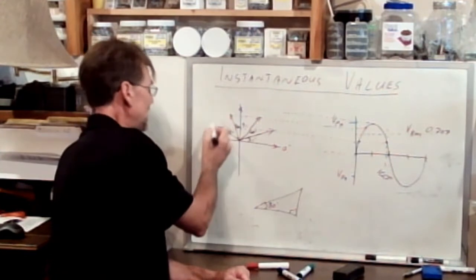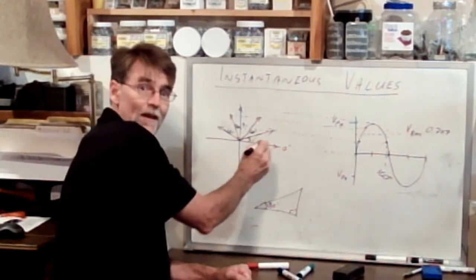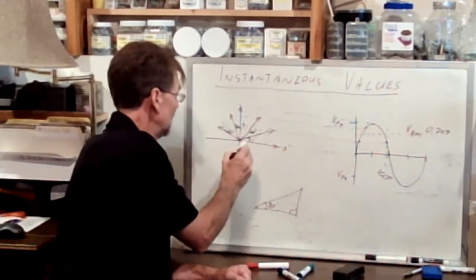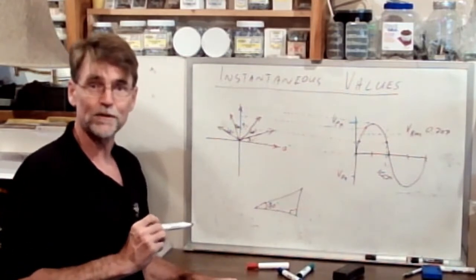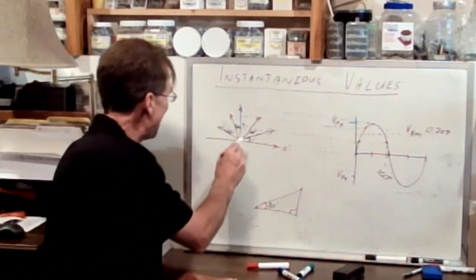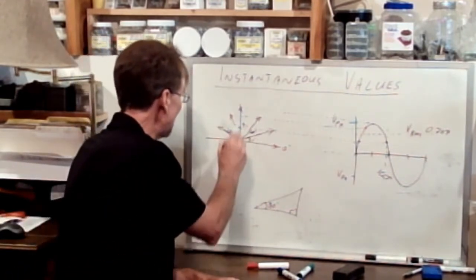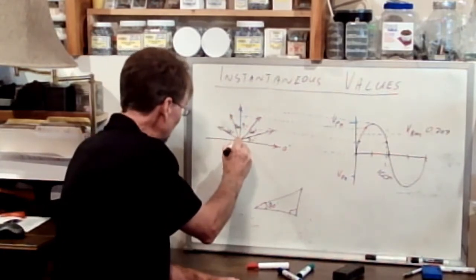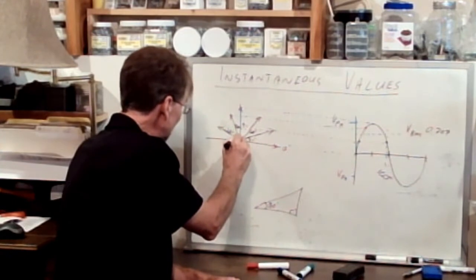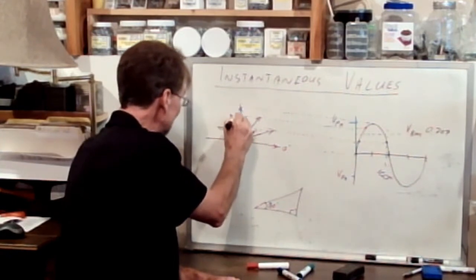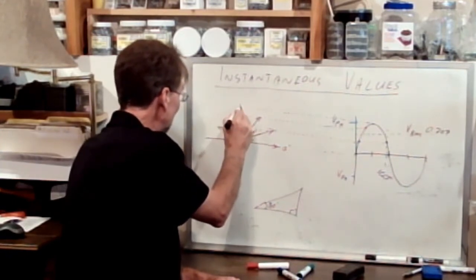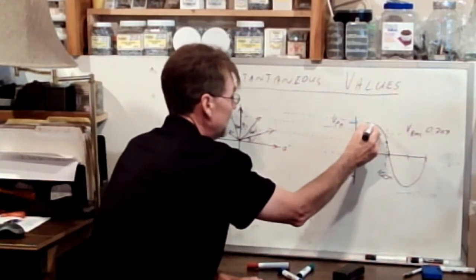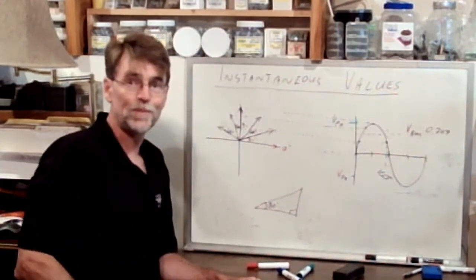as it rotates through its 360 degrees, its direction is going to change, but the magnitude of the vector never does. The magnitude of each one of these vectors is, and we can see it at 90 degrees, the 90 degree vector right here lines up with V peak.